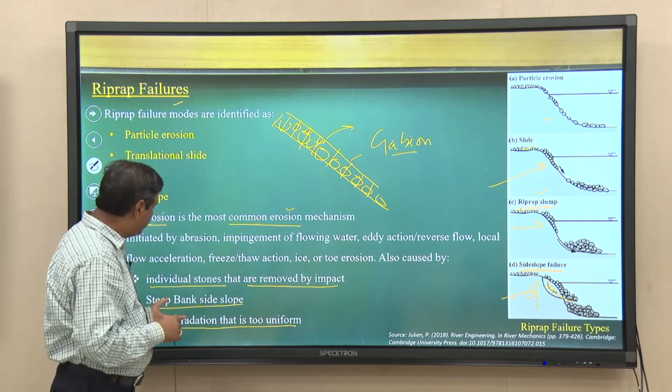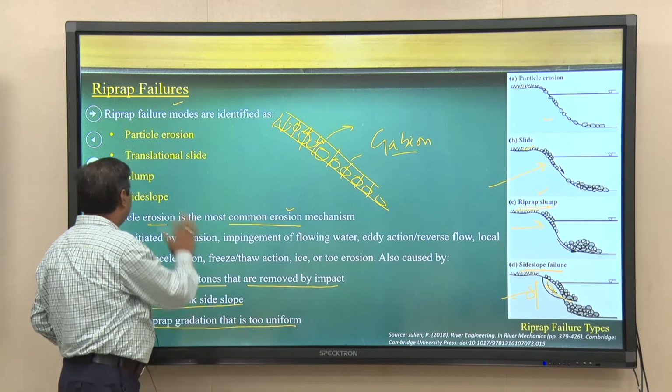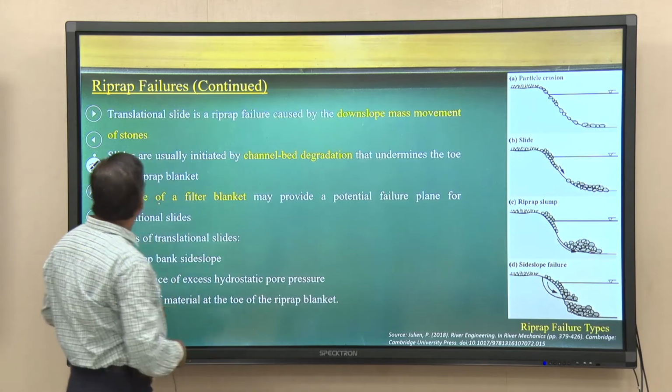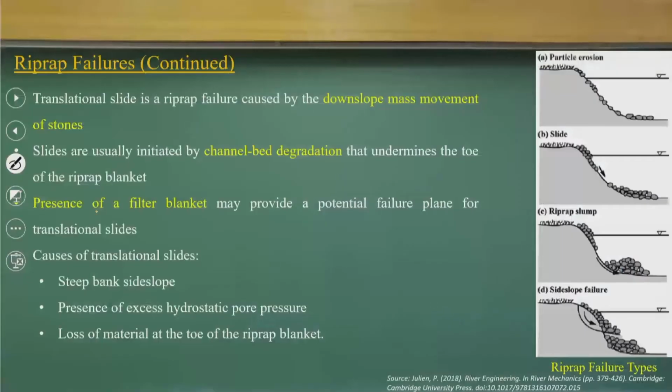The same thing, if you look at the riprap gradation, if it is too uniform, you can have particle erosion. Same concept with sliding failures, which is a downslope mass movement of the stones.